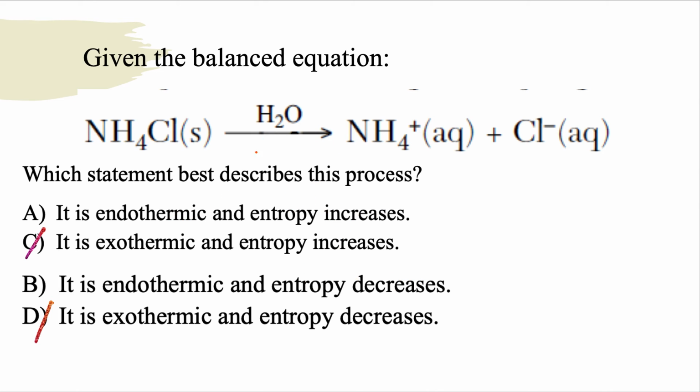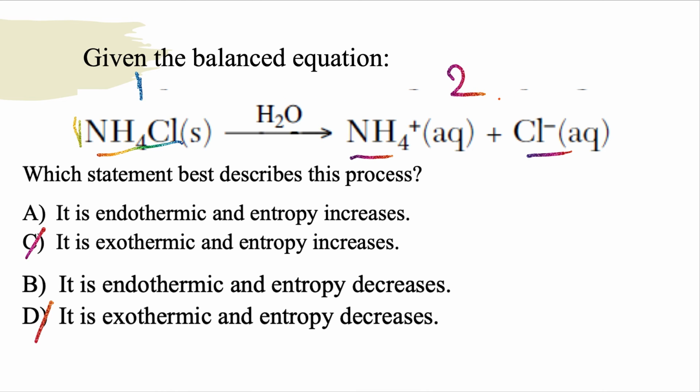If you remember from the last video, an increase in entropy means there is an increase in disorder. There are also more substances involved when entropy increases. For this one, there's only 1 mole on this side, and on the other side we have 2 ions, 1 of NH4 and 1 of chlorine.